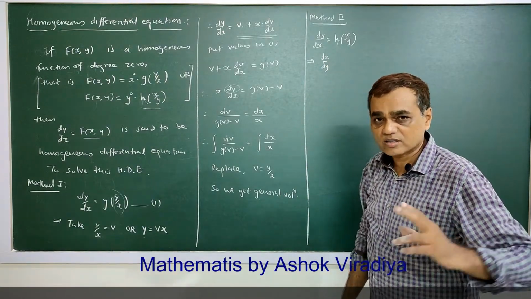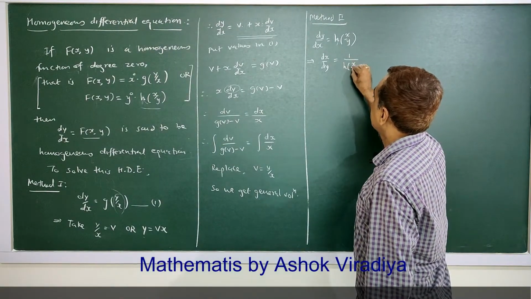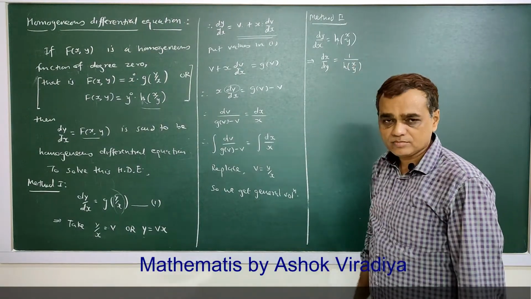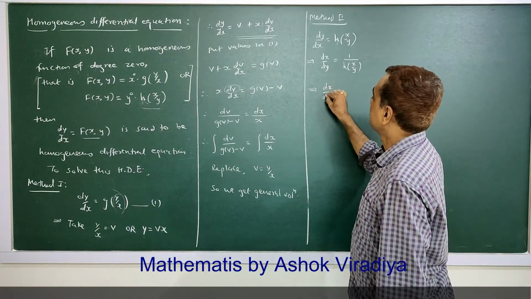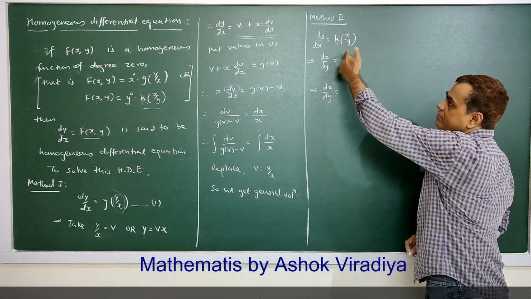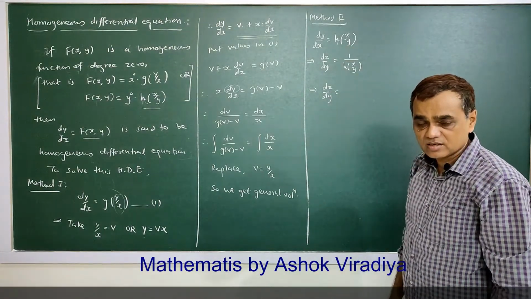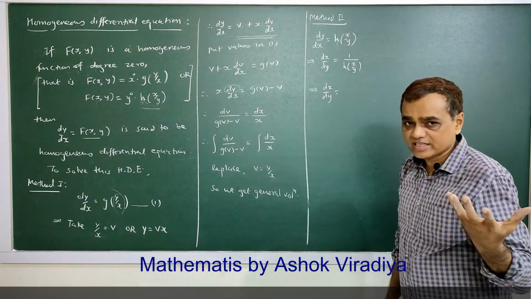Take a reciprocal. So this will be 1 upon h of x by y, that is dx by dy. So see here, this was a function of x by y, and if you take a reciprocal, then we can say it remains a function of x by y.